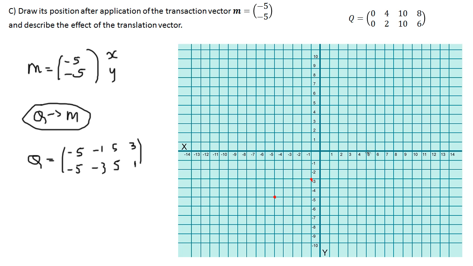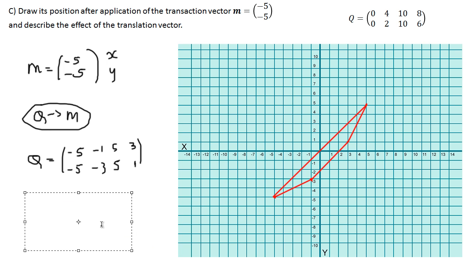We have (5, 5) next as our third point, and then we have (3, 1). Now, like we always did, let's join up the points. And there it is. This is how the graph of Q with application of translation vector m looks like.